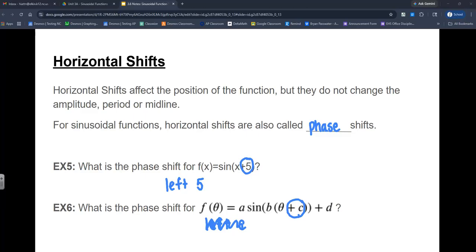I'd originally had written down left c, but we don't really know whether c is positive or negative, so probably the best thing to write here would be that this is a horizontal shift negative c units. So that negative would mean we're going in the opposite direction of whatever sign we have for our c.